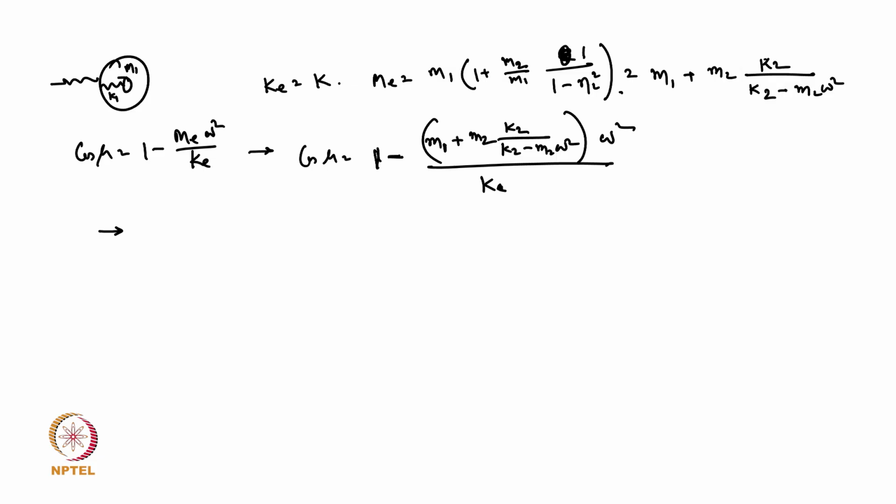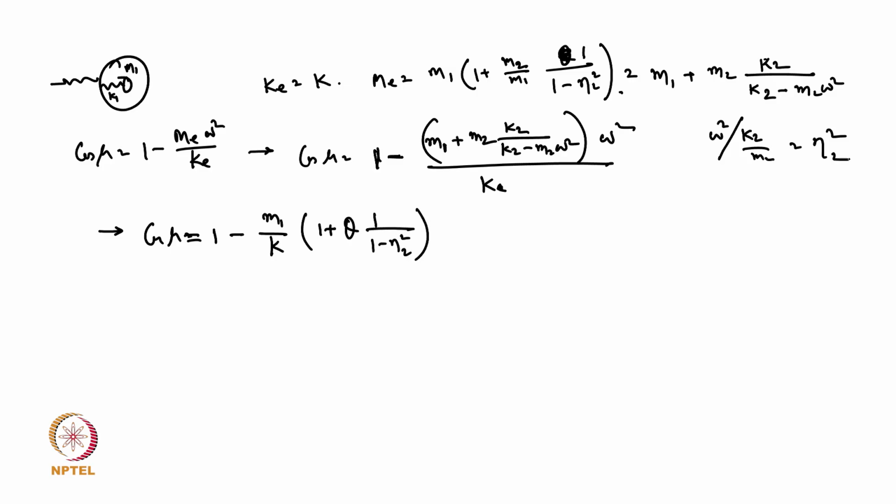And if I write that k2 by m2 means omega square divided by k2 by m2 as eta square, then we can write cos of mu equal to 1 minus m1 by k into 1 plus theta into 1 minus eta 2 square. Okay, that we can get.